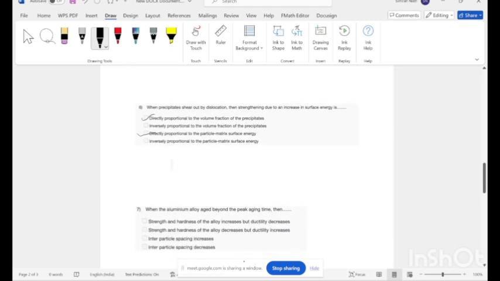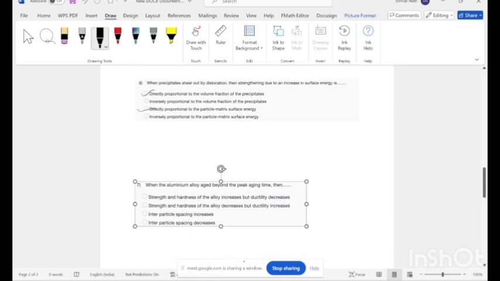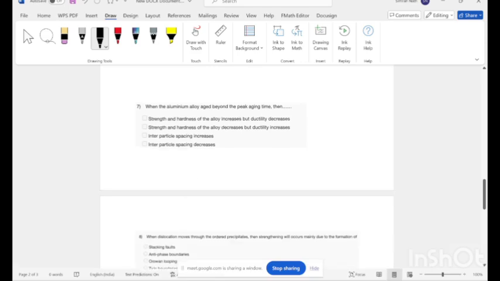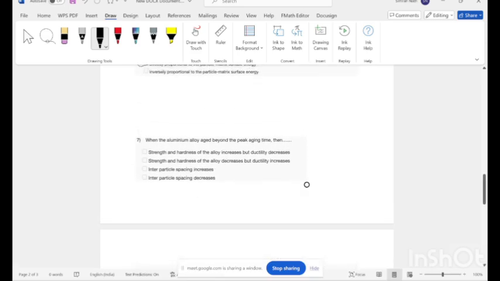Next question is, when the aluminum alloy is aged beyond the peak aging time, then... Strength and hardness of the alloy increase, but ductility decreases? No. When aluminum alloy is aged beyond the peak aging time, what is peak aging time?